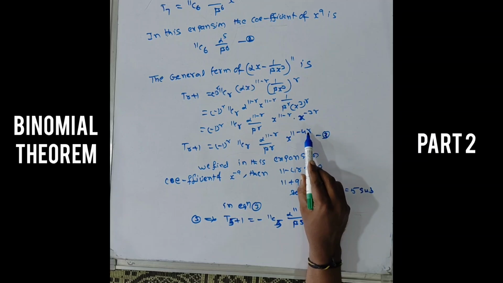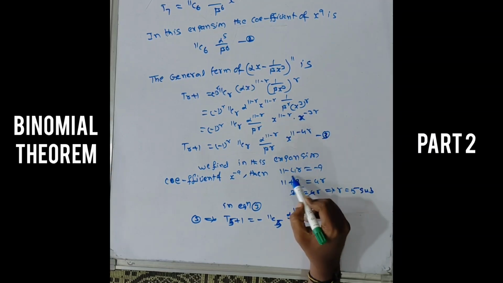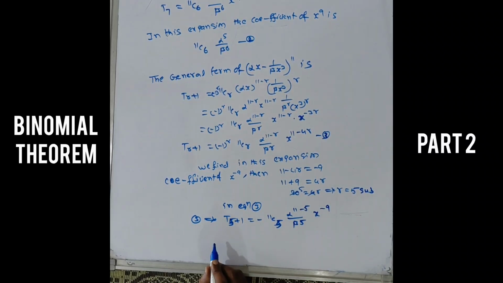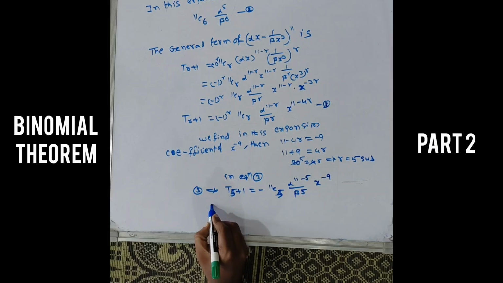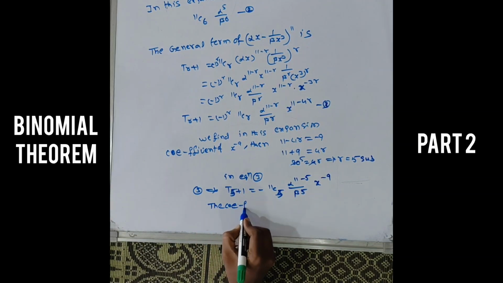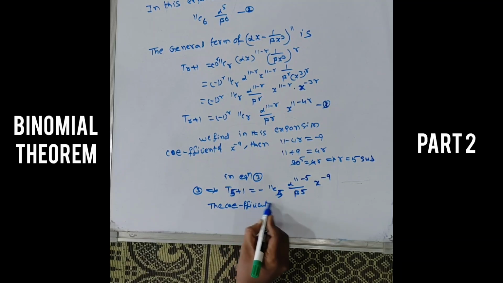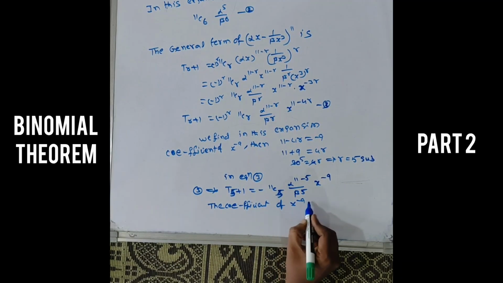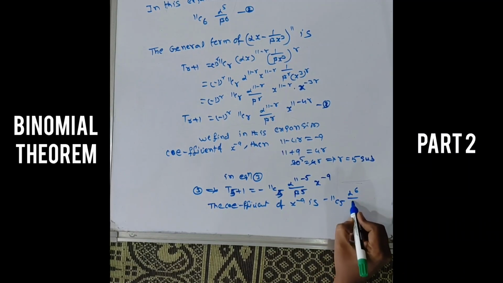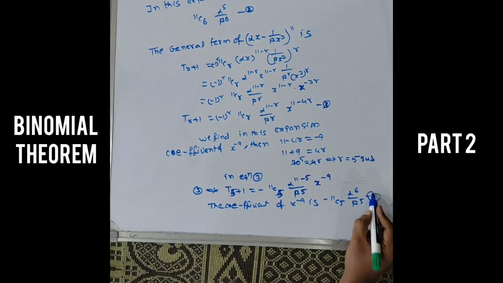Substituting the r value in this place, 11 minus 20 is minus 9. The total value 11 minus 4r is minus 9. Okay, the coefficient of x power minus 9 is minus 11C5 alpha power 6 by beta power 5. This is number 4. Equating 2 and 4.